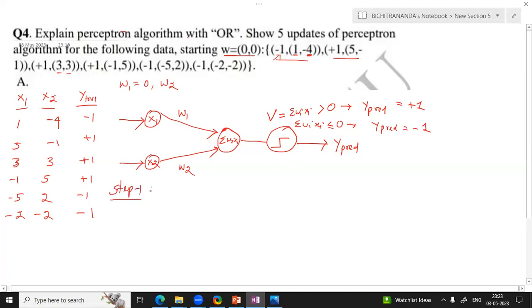Now what are we going to do here? You see in step 1, your x1 is 1 and x2 is minus 4. Now you just put them in, and your w1, w2 are initially 0, 0.